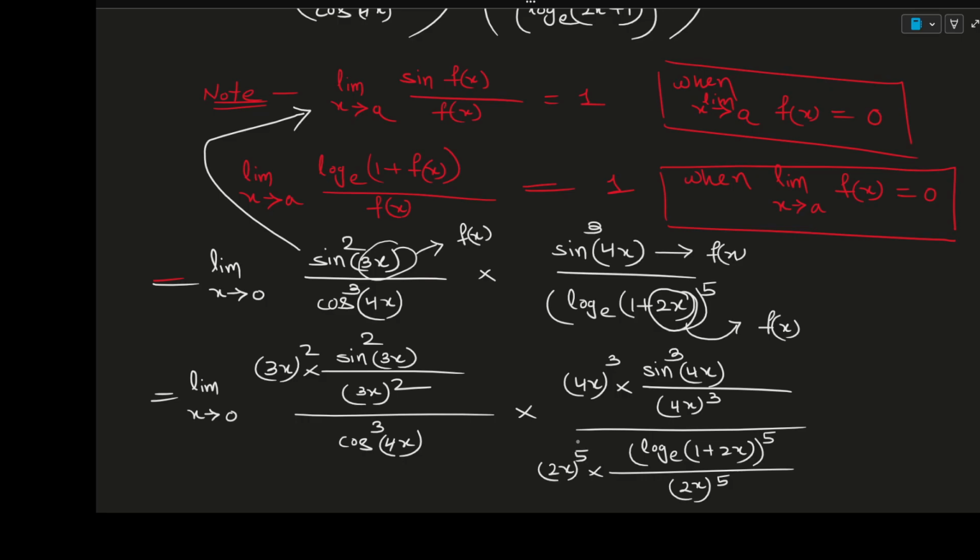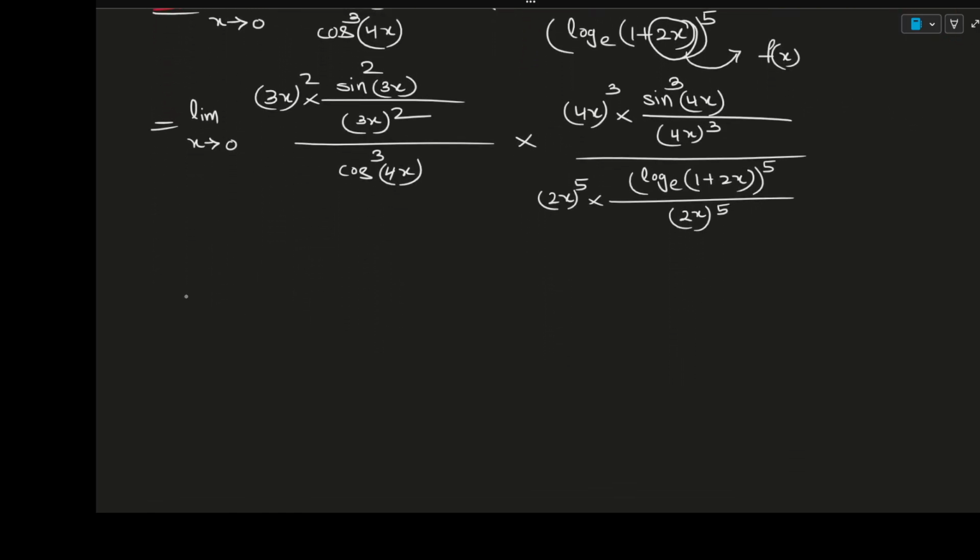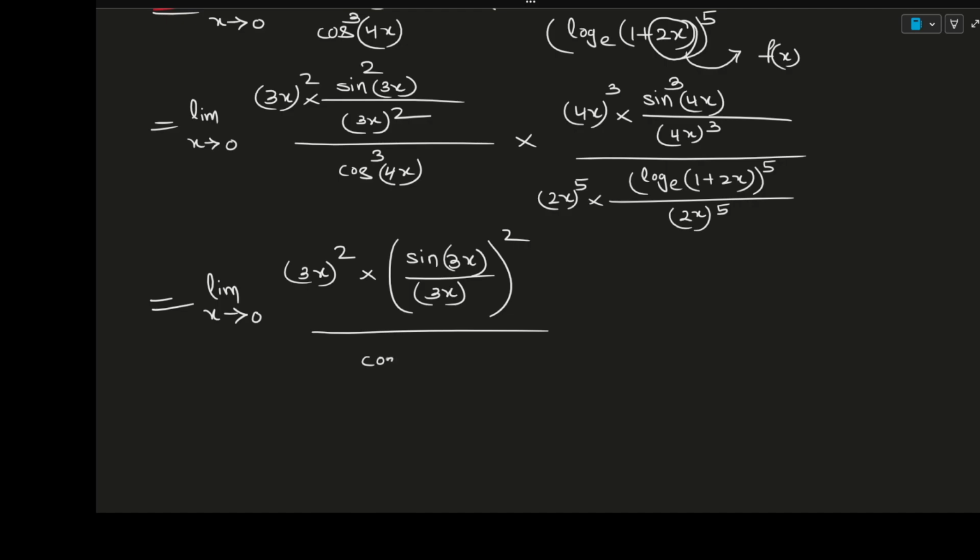Now we'll write it in the desired format. 3x square is good. So it will be sine 3x by 3x, whole square, divided by cos cube 4x.